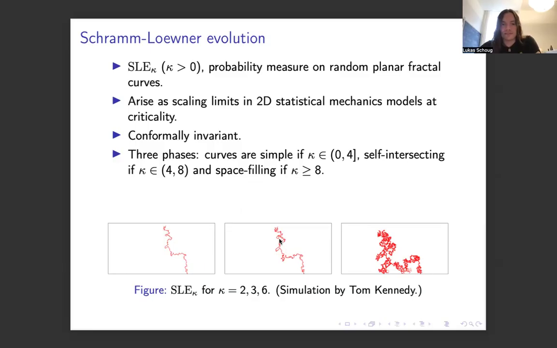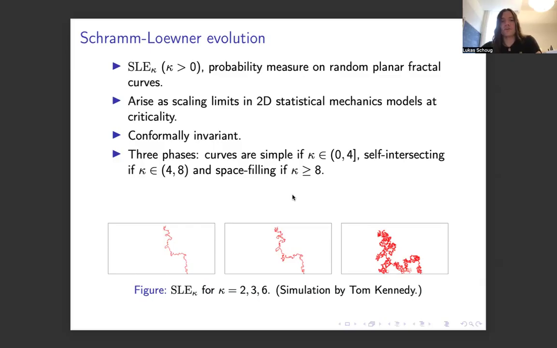Well, it's supposed to be simple here. It's just very close to hitting itself. And if we pick kappa between 4 and 8, then we get something which is self-intersecting and which also intersects the boundary of the domain in which it's defined. And if kappa is bigger than or equal to 8, then it's space filling and it hits every single point in the domain.